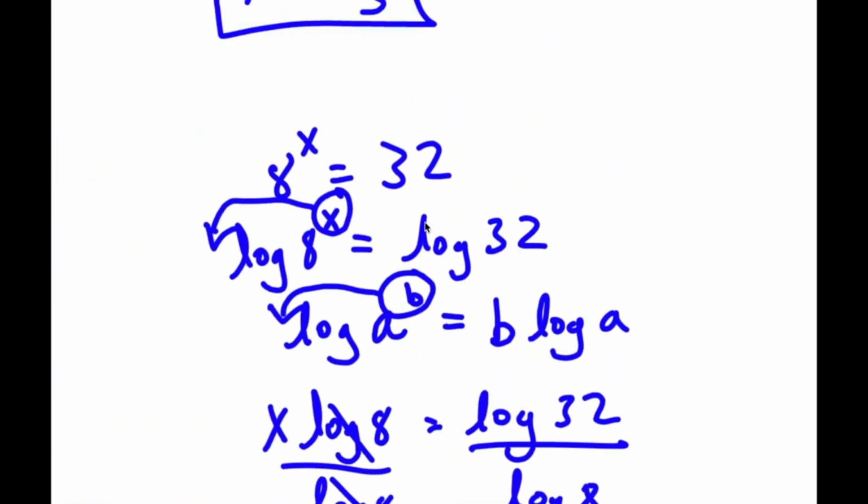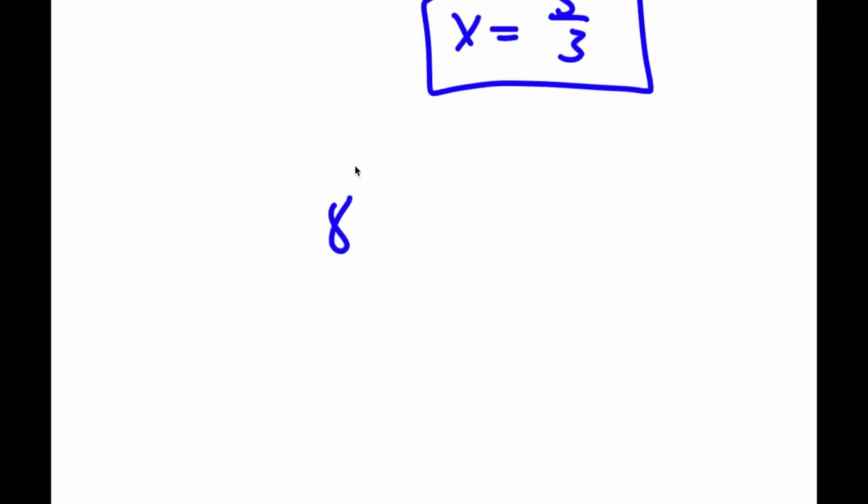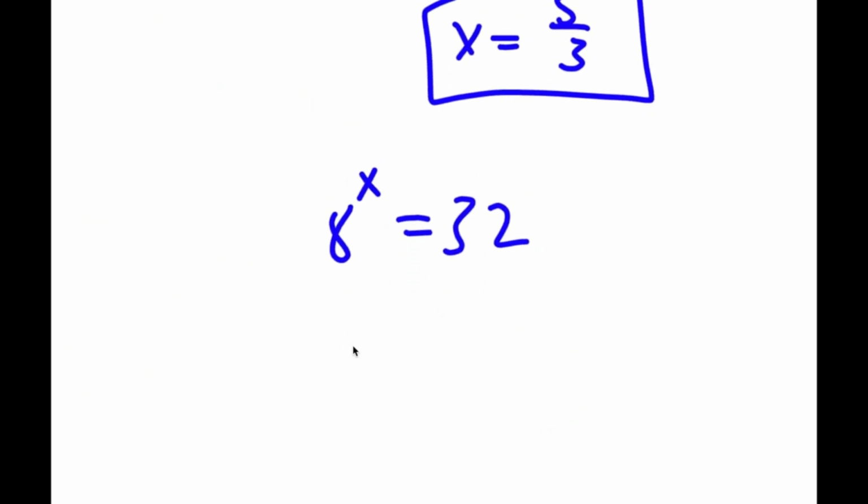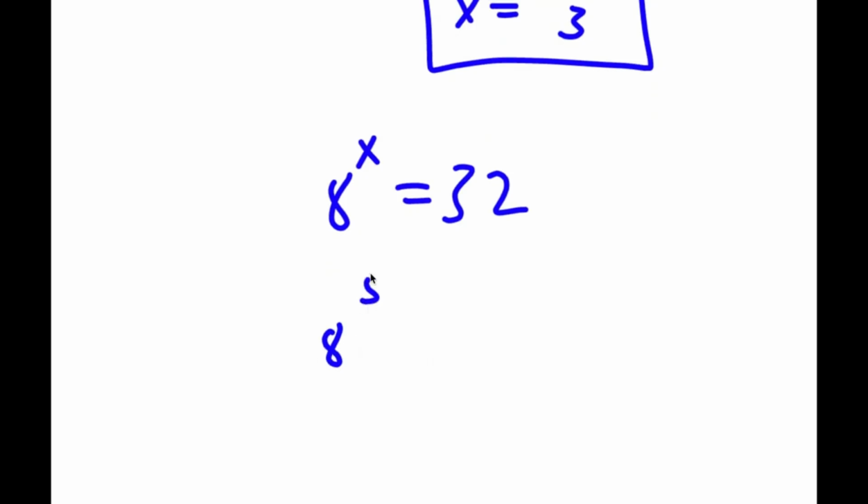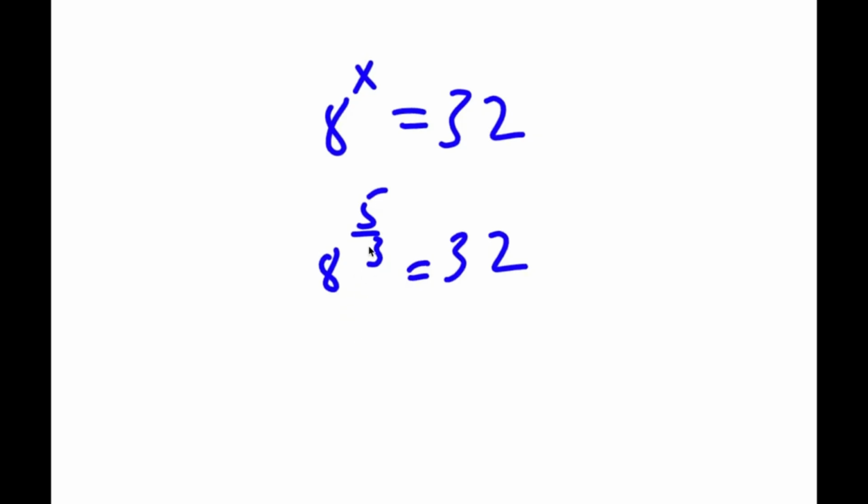Now to check, we have a to the power of x is equal to 32. x is equal to 5 over 3, so I have a to the power of 5 over 3 is equal to 32. Now a to the power of 5 over 3 is the same thing as the cube root of a to the power of 5, is equal to 32.